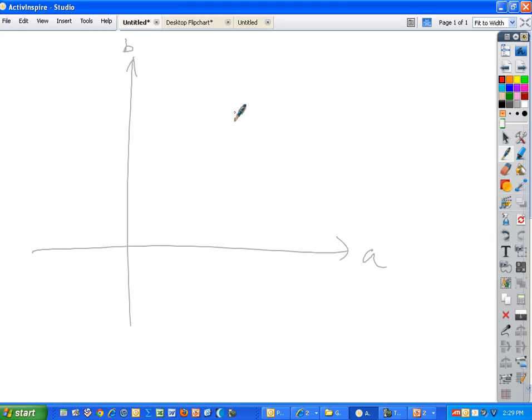Isn't that distance just the hypotenuse of a right triangle? The coordinates of this point are over a and up b, right? That makes sense, because that's how we plot a complex number in the complex plane. The a value is how far we go on the real axis, and the value of b is how far we go on the imaginary axis. So in this triangle, that's a and that's b.